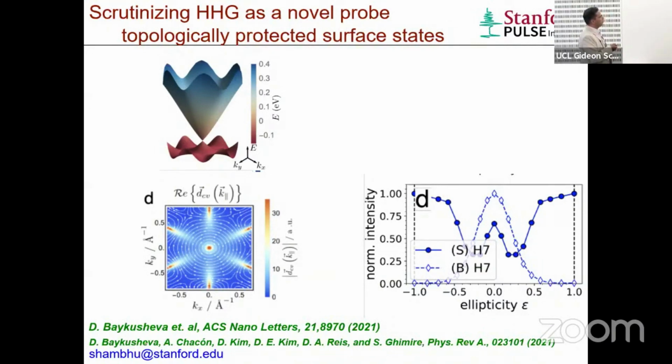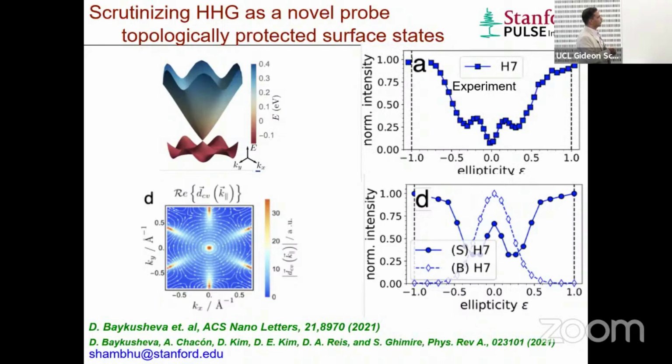This is the Dirac point, the valence and conduction band of the surface state. This is the transition dipole moment that is plotted here, and you can see this pretty strange singularity here at the zone center. And these ridge-like structures, these vortex features, give rise to a remarkable enhancement for the circular field, when you drive the harmonic generation process only on the surface states.